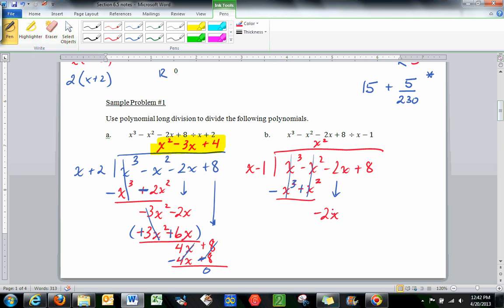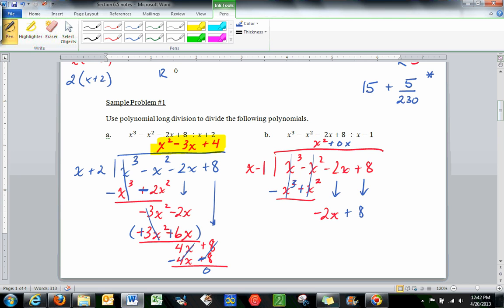So here's a problem though. There's nothing that I can multiply times x minus 1 that will simply give me negative 2x.